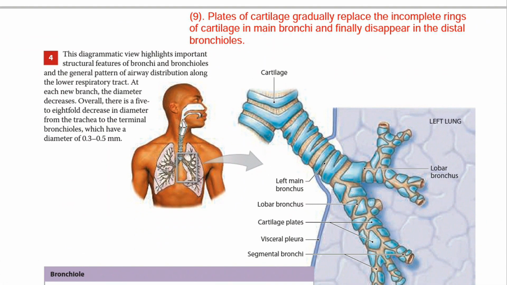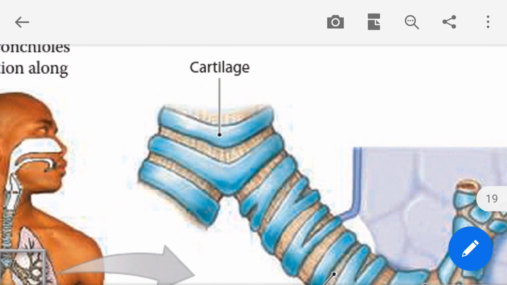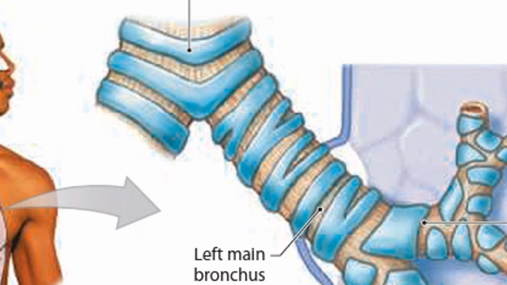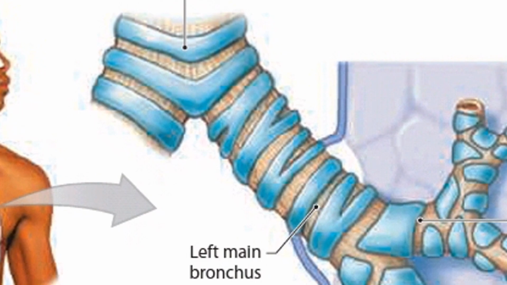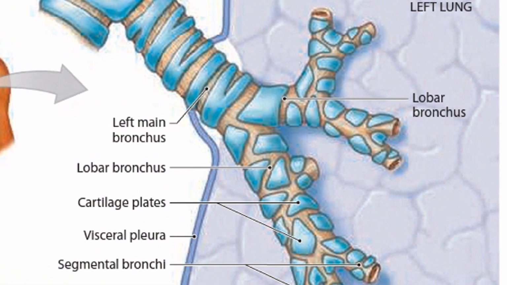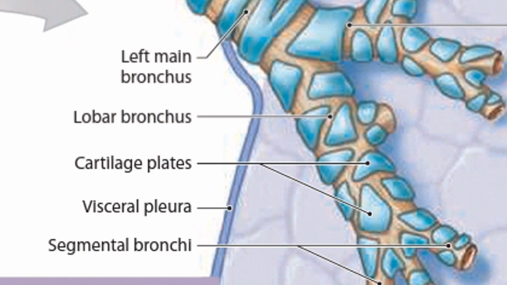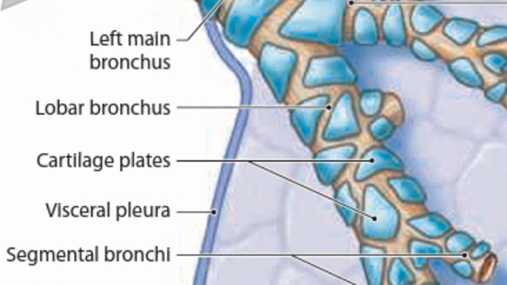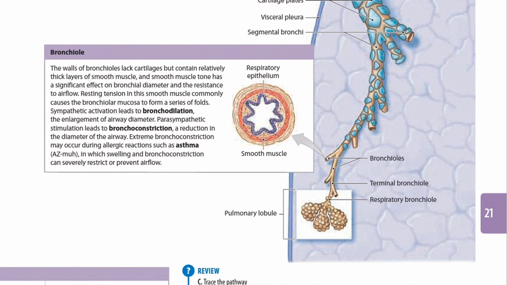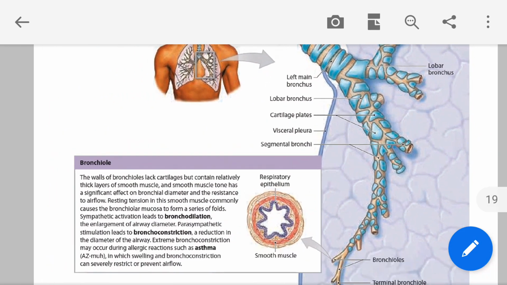In the figure I am showing you, as you can see over here, there is an incomplete, C-shaped cartilage ring. These rings are also present in the left and right main bronchus. Then from the lower bronchus onwards, instead of incomplete rings, cartilage plates are present, and when there is a smaller branch formation, let's say on the surface of the bronchiole, these cartilage plates are absent.